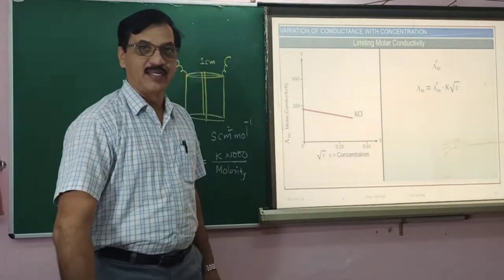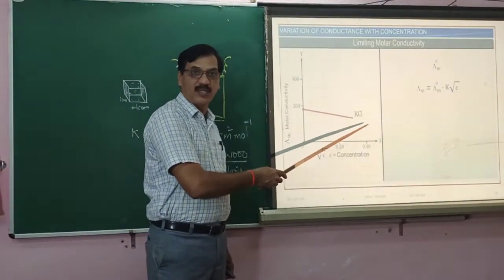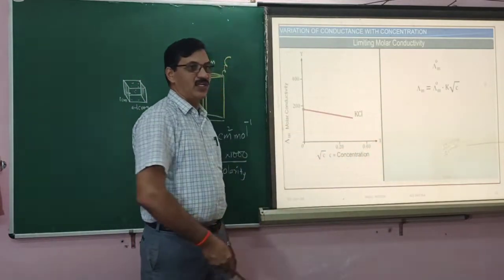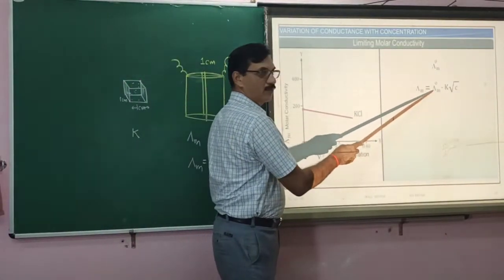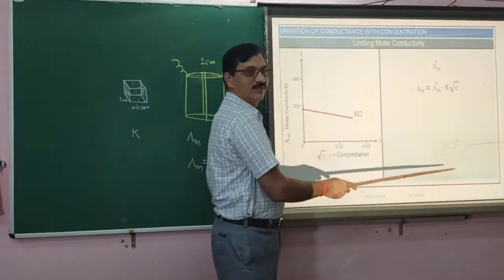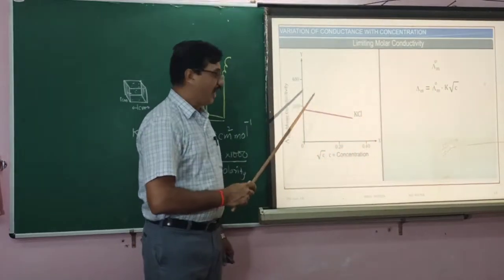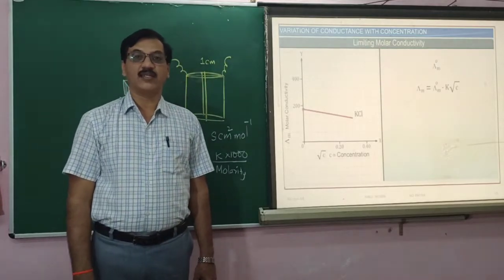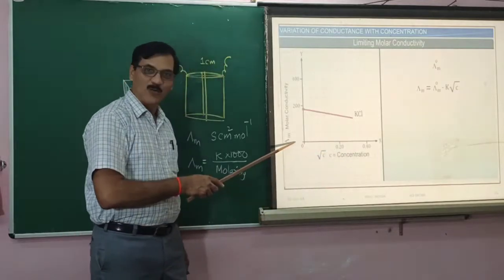Therefore, for a strong electrolyte in which almost 100% dissociation of KCl into K plus and Cl minus ions is there, it is a straight line, and it will follow an equation of the type y is equal to mx plus c, where y versus x is being plotted. Therefore this is the slope, and lambda m0 is the intercept. This intercept lambda m0 is called molar conductivity at infinite dilution, when the concentration is almost 0.